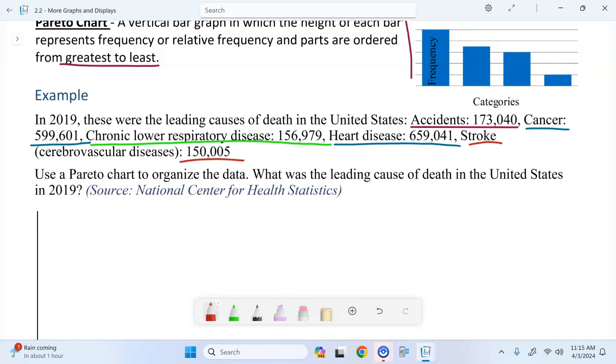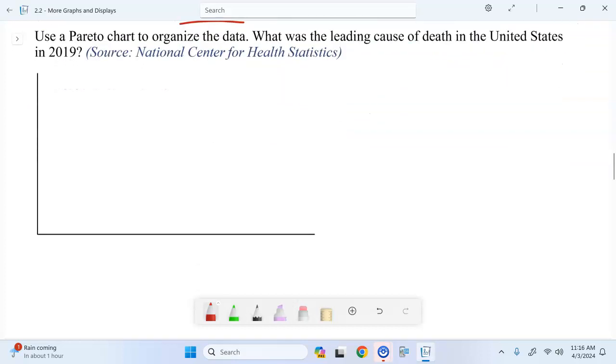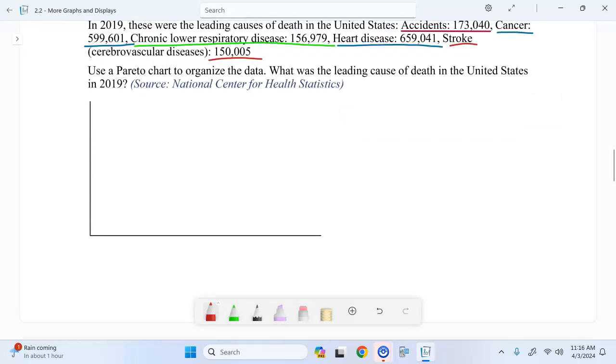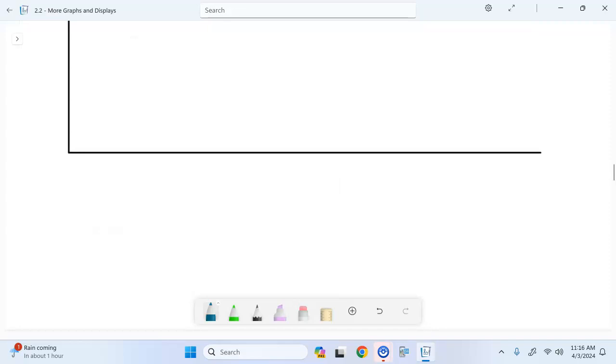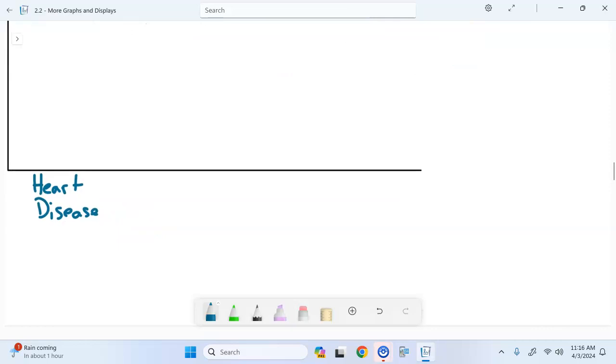So we're going to order the data in a Pareto chart. We need to start with the highest frequency. What is our highest cause of death? Heart disease. So our first category is going to start with heart disease. Okay. What is our next leading cause of death? Cancer.